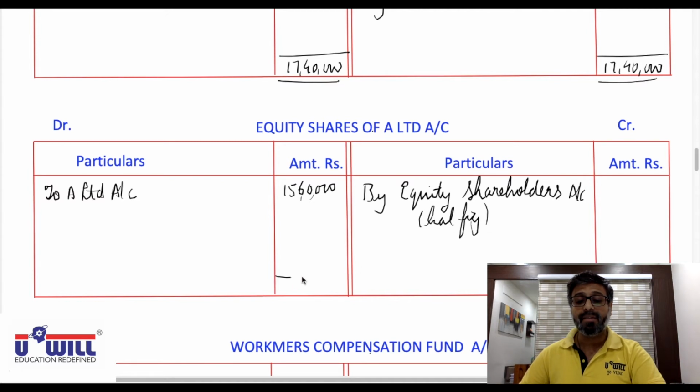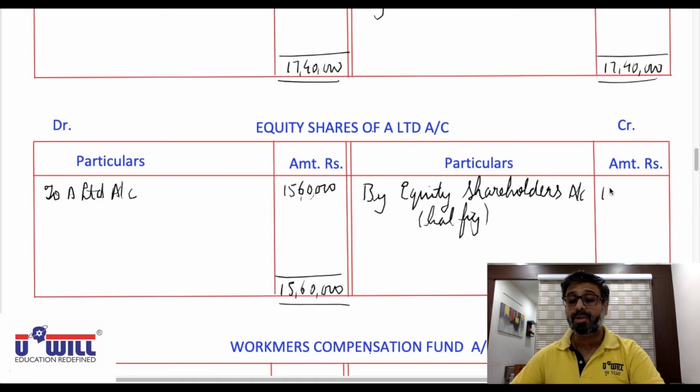So by equity shareholders account, all the other accounts' balance remaining you transfer to equity shareholders account. Balancing figure 15,60,000, minus no amount on credit side. So 15,60,000 balance transferred to equity shareholders account.